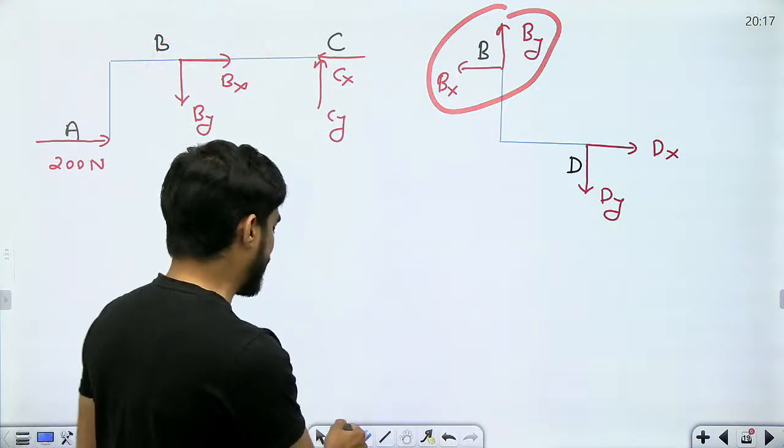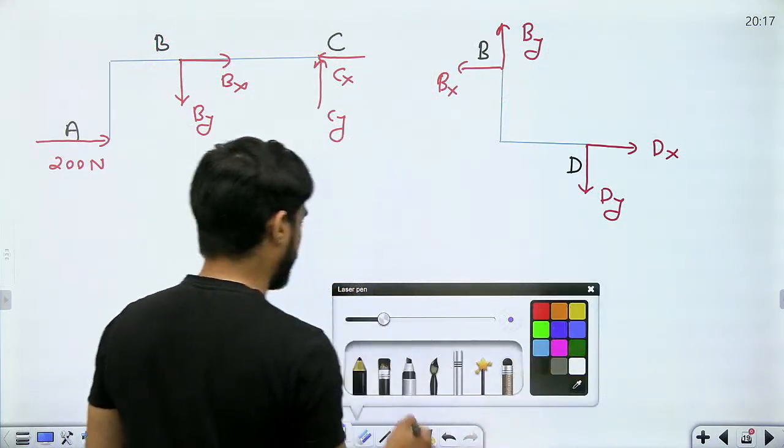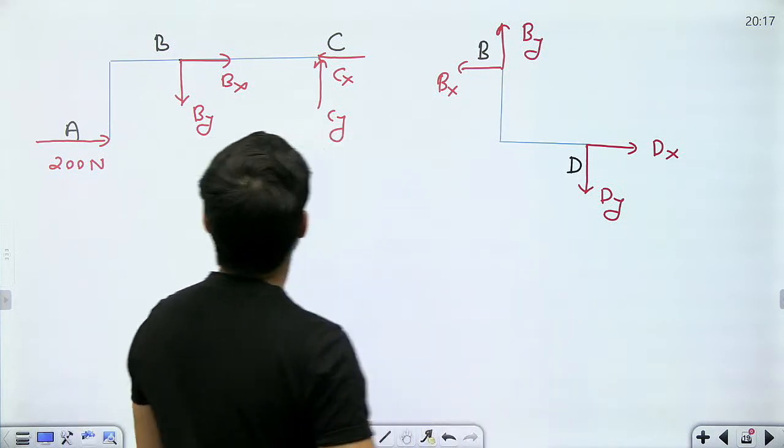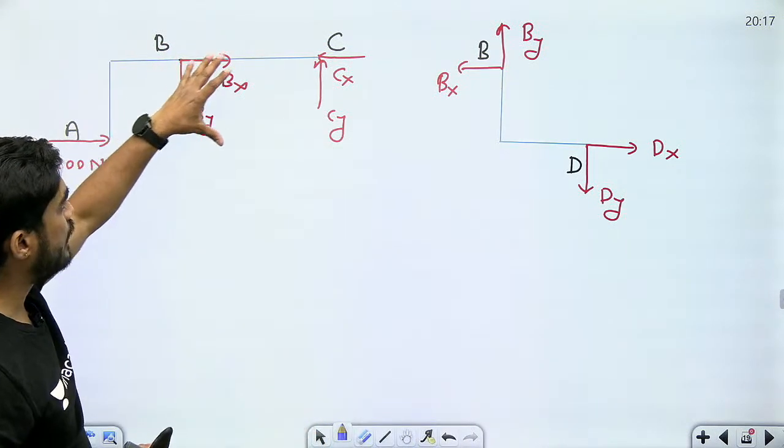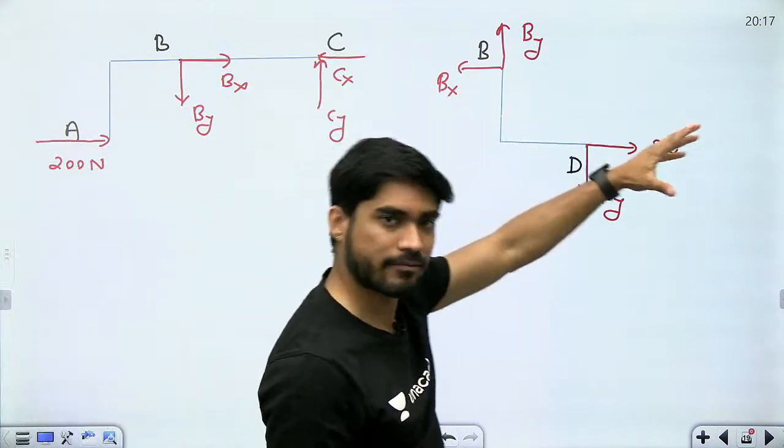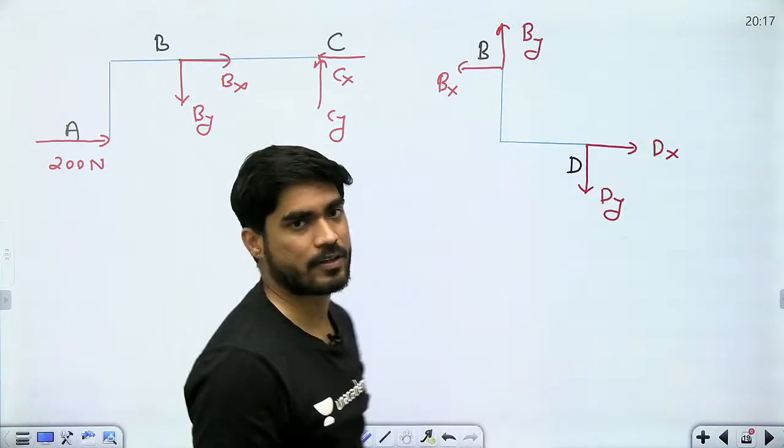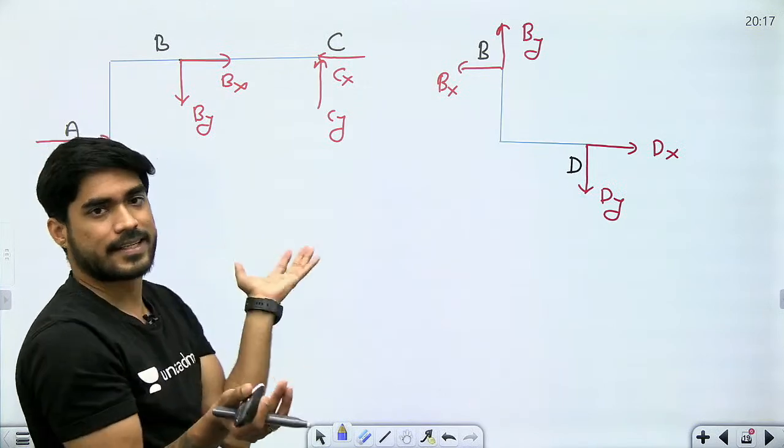चलो. So बेटा again how many unknowns do you see here? bx by, cx cy and dx dy. 6 unknowns. How many equilibrium equations? 6 equilibrium equations.